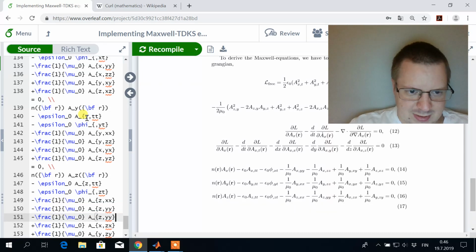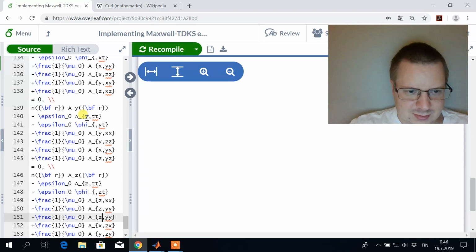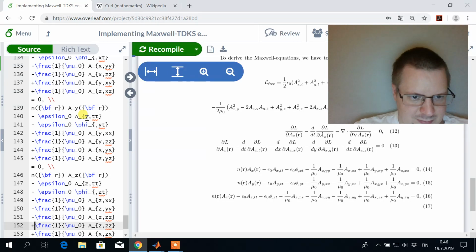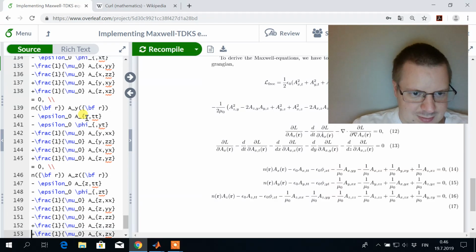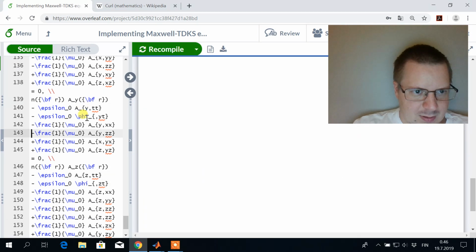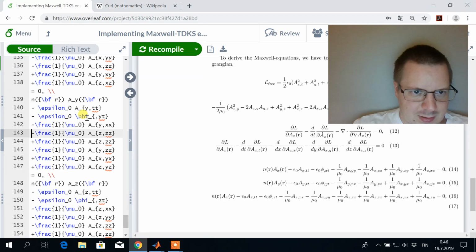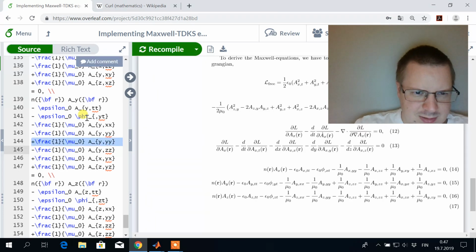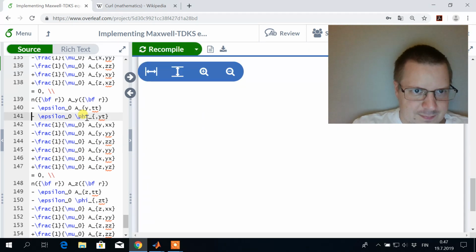I'm sort of cheating because I know that the equation of motion eventually will have a Laplacian. So I'm adding here minus z with z, and I'm also subtracting it like so. And same here, then I will add y to y and subtract it also, and this I will copy somewhere over here, and same for here.